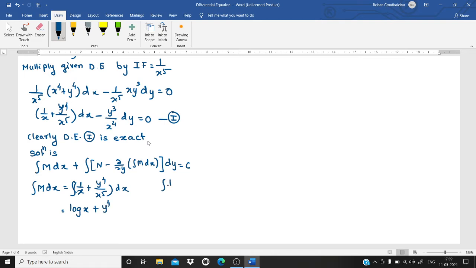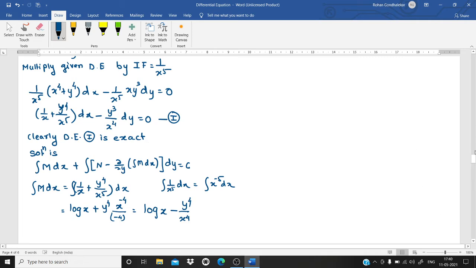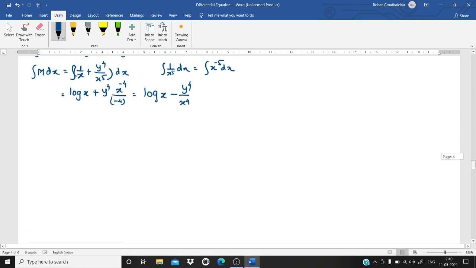So 1 upon x raised to 5 dx is nothing but the integral of x raised to minus 5 dx. What is the integral of x raised to minus 5? x raised to minus 5 plus 1, that is x raised to minus 4, upon minus 4. So it can be given as log x minus y raised to 4 upon 4x raised to 4. So this is the value of integral M dx.